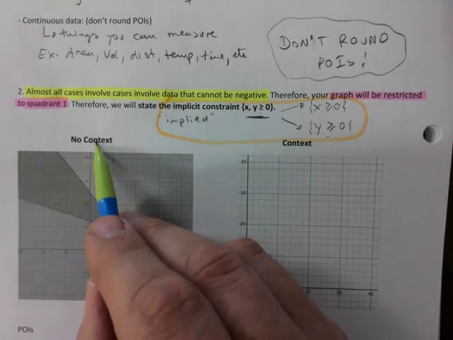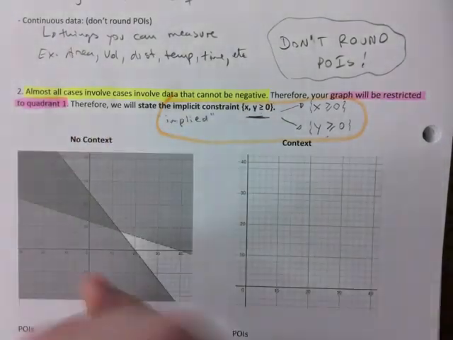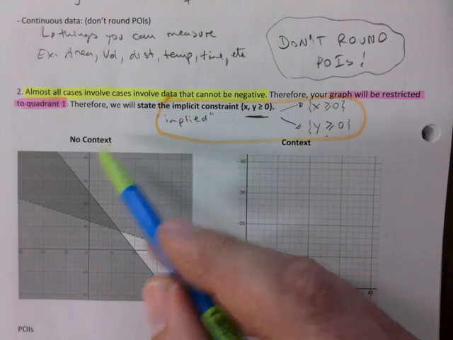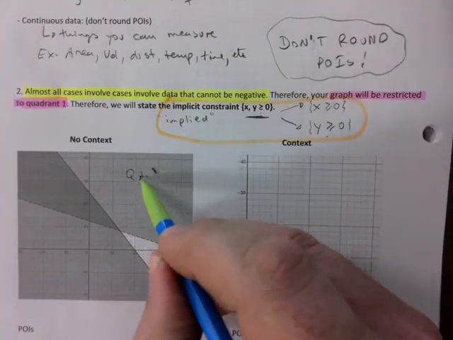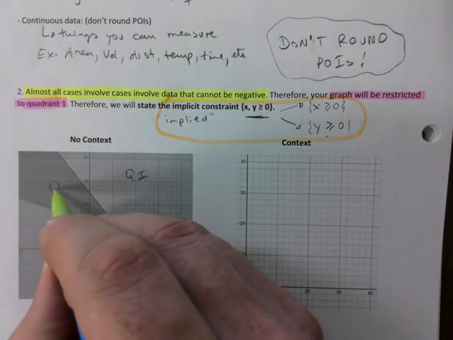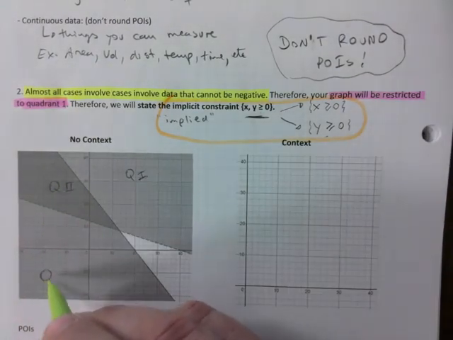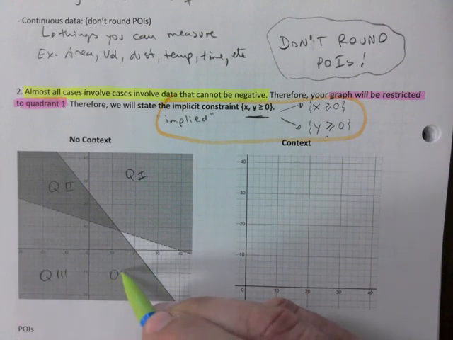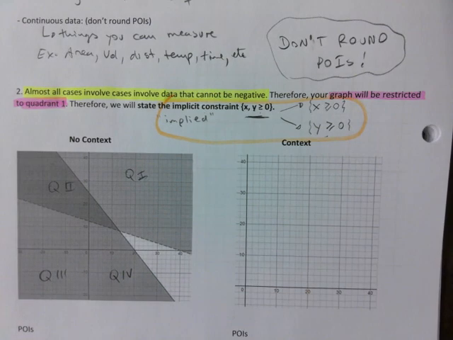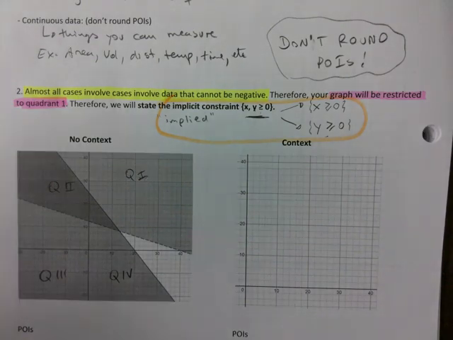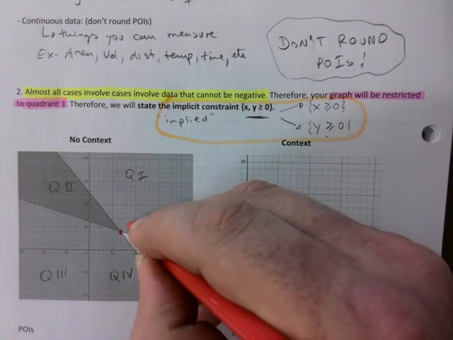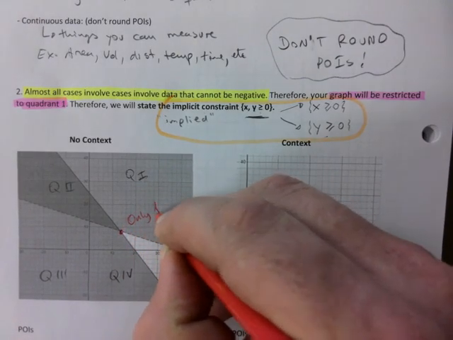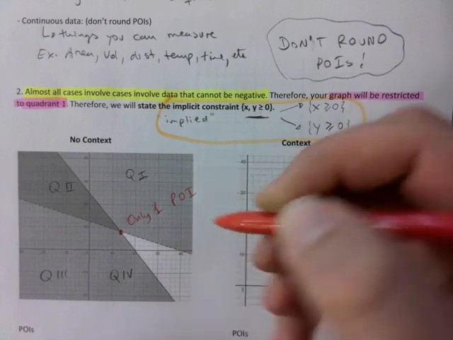So this is the comparison right now. We've been doing no context so far. We considered all 4 quadrants: quadrant 1, quadrant 2, quadrant 3, and quadrant 4, not a problem. The only POI here would be this. Only one POI.